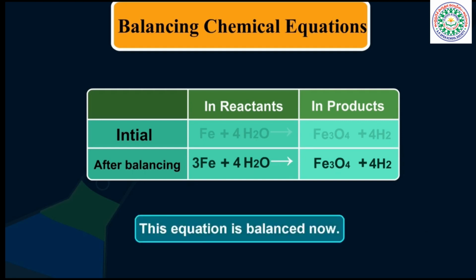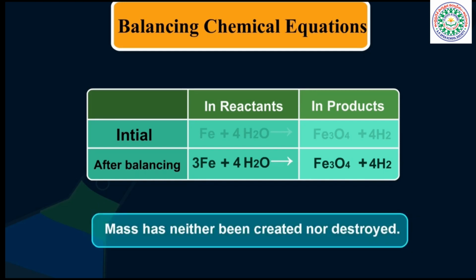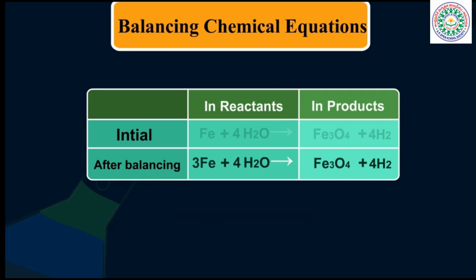So this equation is balanced now. That is, mass has neither been created nor destroyed. Therefore, the number of atoms of each element is equal before and after the reaction.